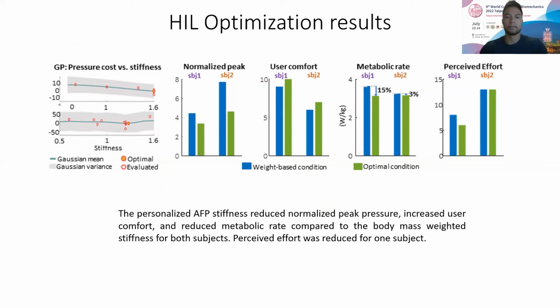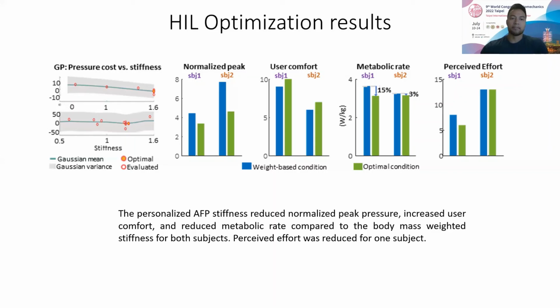In our bar graphs, blue is the weight-based condition, which was chosen based on the subject's weight. As I showed in the previous slide, each subject would have an inherent weight-based condition. The green is the optimal condition chosen by the optimization.